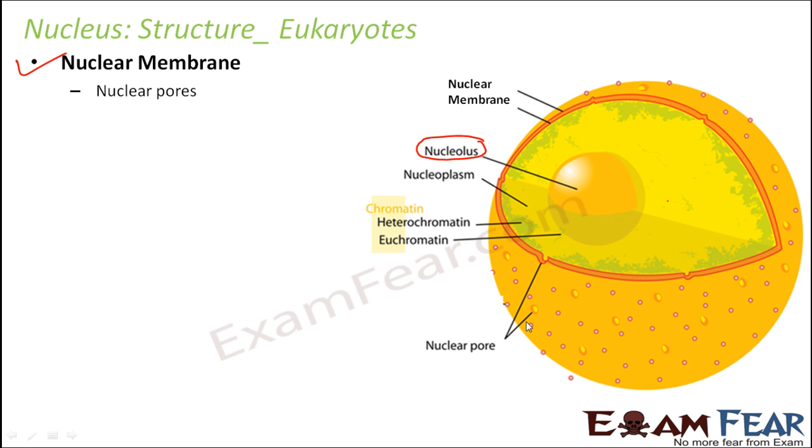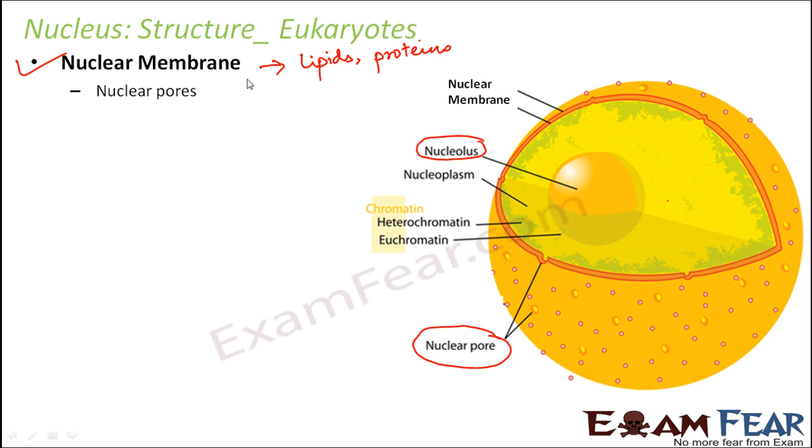So here you can see these are the tiny pores, and these pores are called nuclear pores. The nuclear membrane is made up of lipids and proteins. You remember, the lipids and proteins also form the cell membrane. So the same things form the nuclear membrane as well.